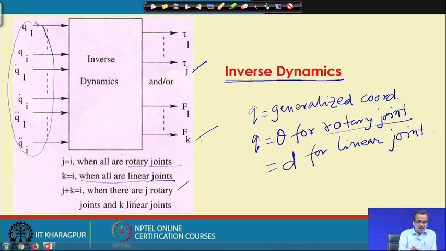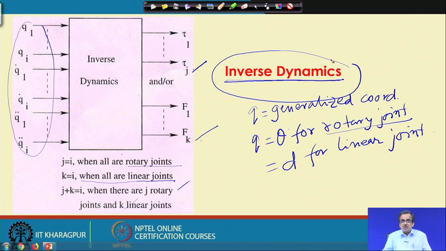So, here the inputs are the independent variables and outputs are nothing but either the joint torque or the force or a combination. So, this particular problem of dynamics is defined as your inverse dynamics, but remember this is not the forward dynamics.